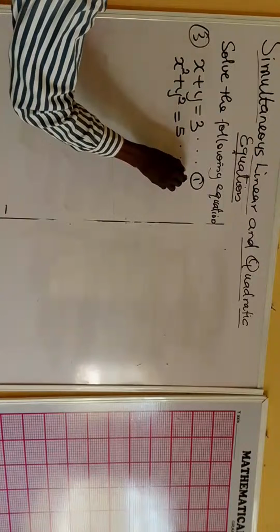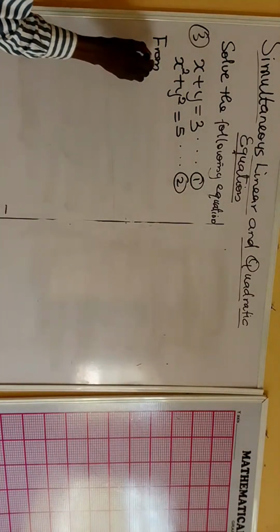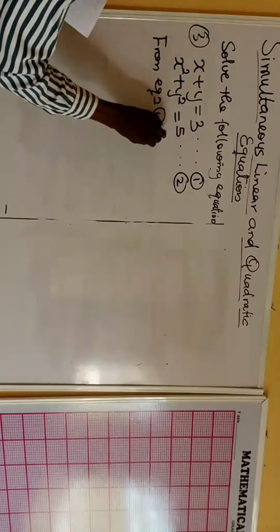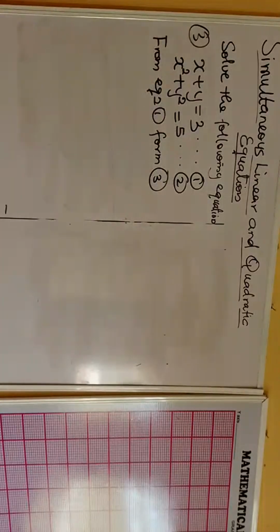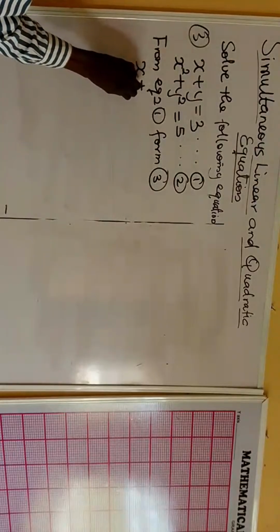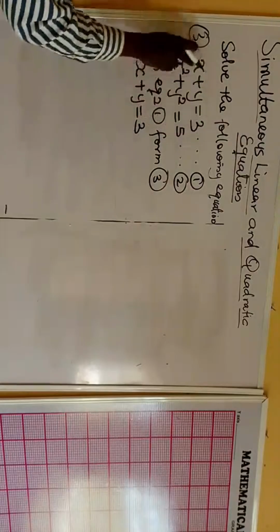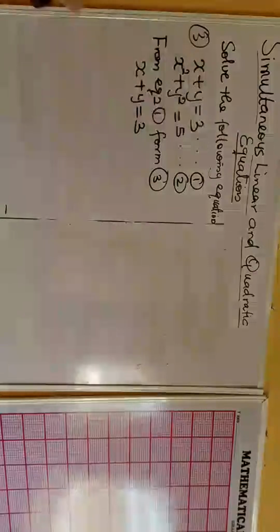Let me call this equation 2. From equation 1, let us form equation 3. What is equation 1? It is x plus y is equal to 3.